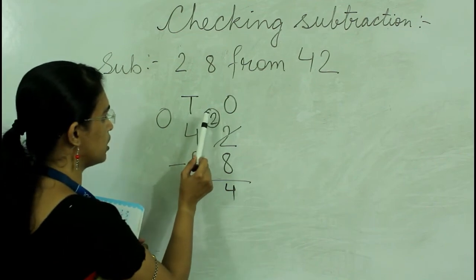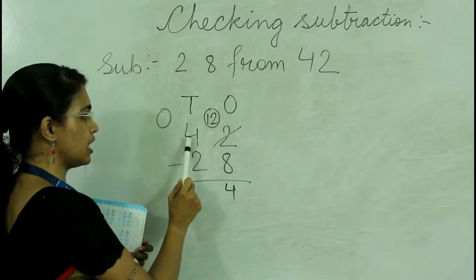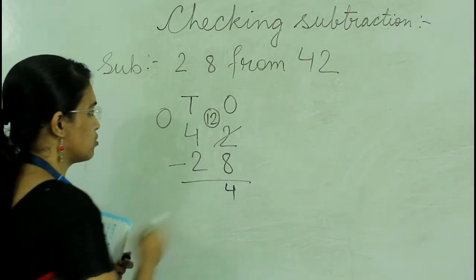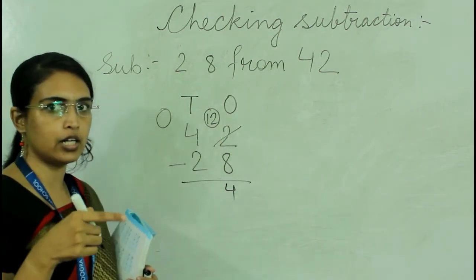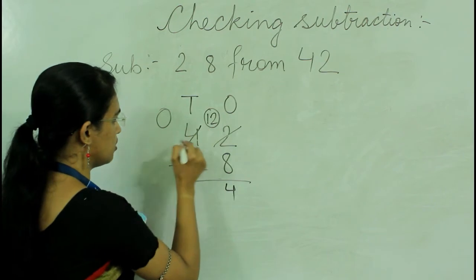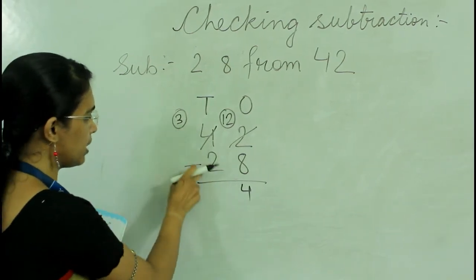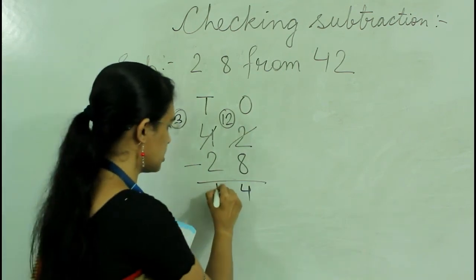We have to take this carry and subtract it from the number at the top of the tens place. So from 4 we have to subtract 1. After 2, 3. So the answer is 3.